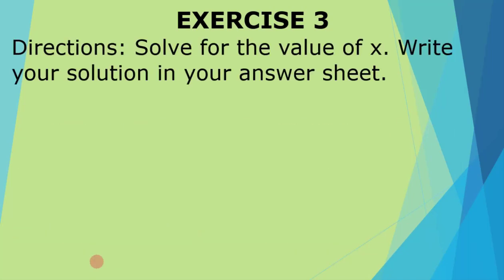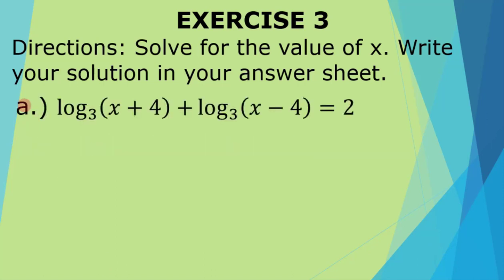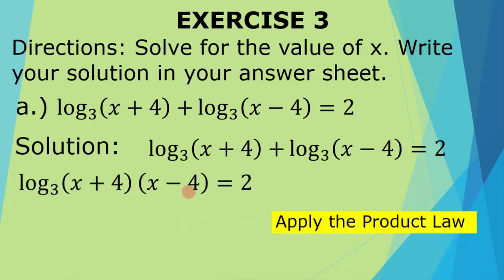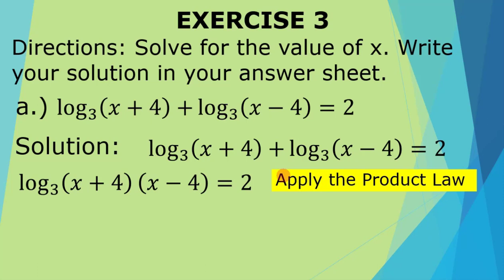Now we move on to exercise number 3. The directions: solve for x, and write your solution in your answer sheet. For letter A, we have log of quantity x plus 4 to the base 3 plus log of quantity x minus 4 to the base 3 equals 2. For the solution, just copy here, and then we apply the product law.